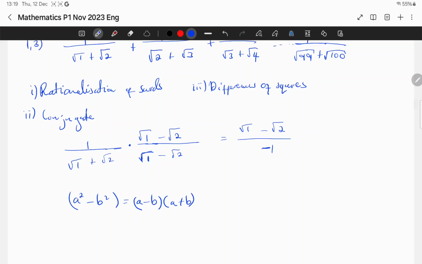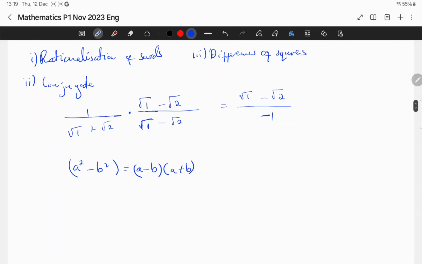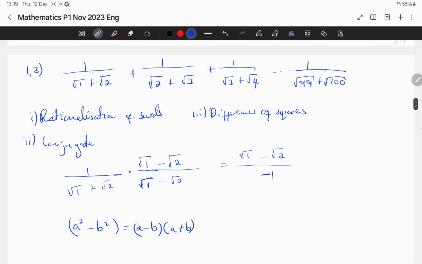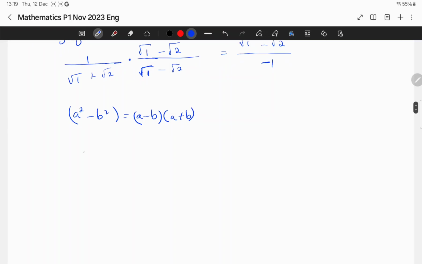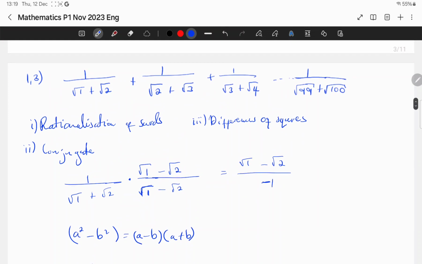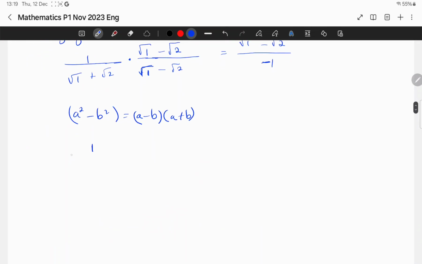Then you move on to the next term. We're not going to do this for all of the terms. We just want to see the trend, what happens as we simplify them, and then we can apply that trend to the rest of the terms in the expression. So if 1 over root 2 plus root 3, multiply that by root 2 minus root 3 over root 2 minus root 3.